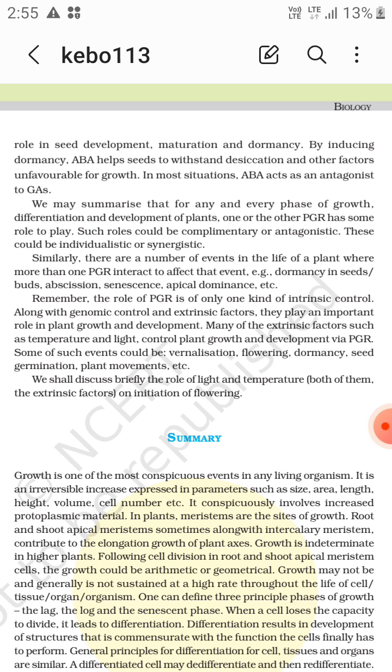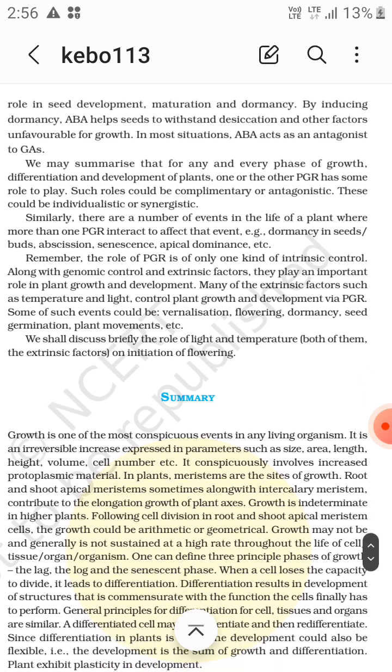Such roles could be complementary or antagonistic, and this could be individualistic or synergistic.